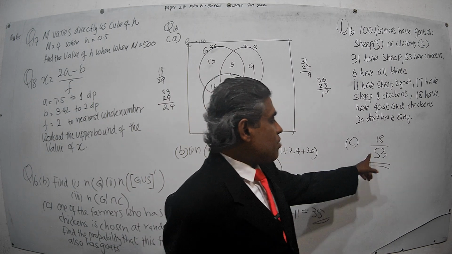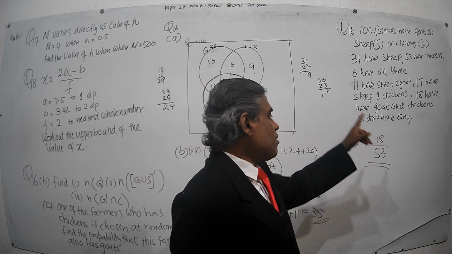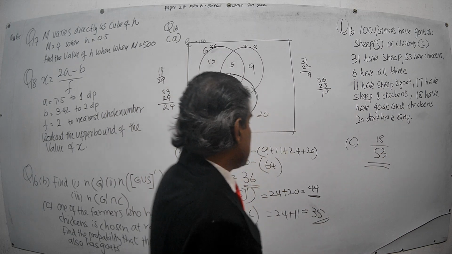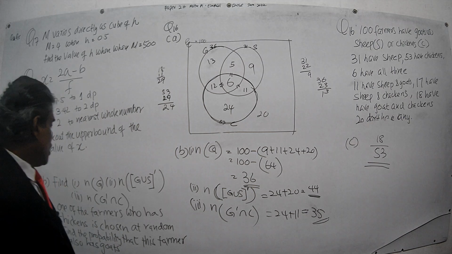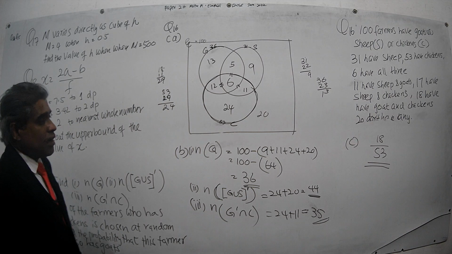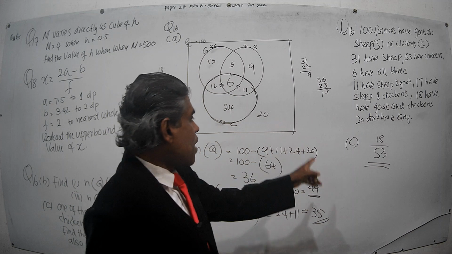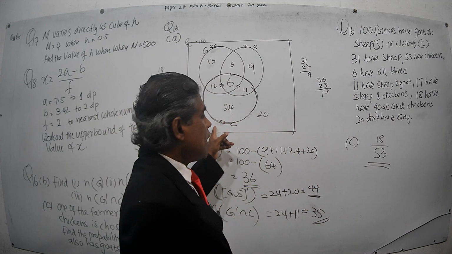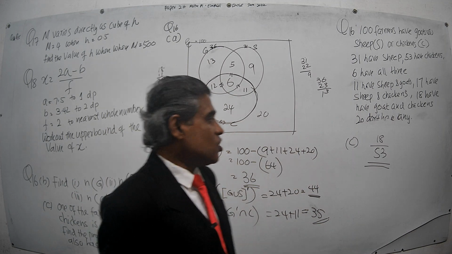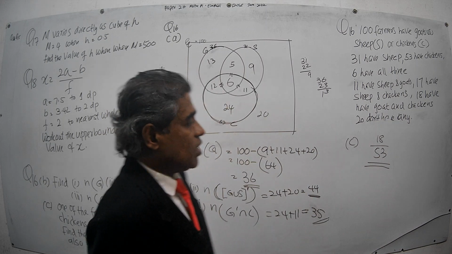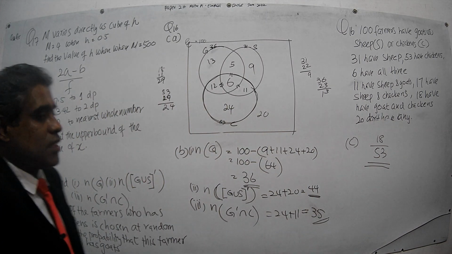Then out of that 53, farmers having goats is 18. Therefore, the probability of choosing a farmer having goats from the farmers having chickens is 18 over 53. Okay, right. I think that's quite enough.